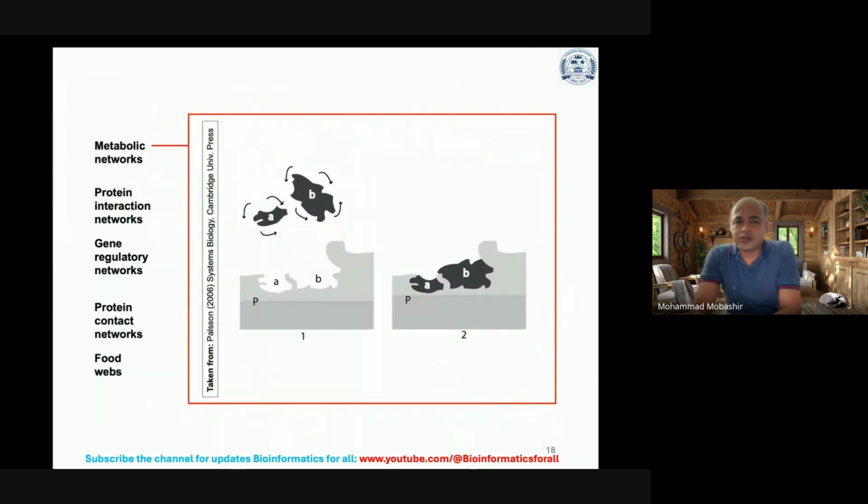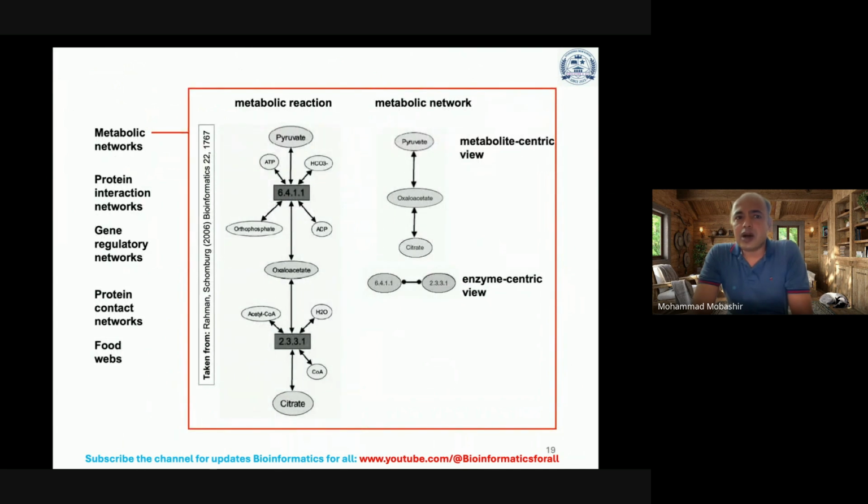Now, metabolic network examples you can understand from Palsson's papers and books. This is the book on metabolic networks, or metabolic systems biology, from Palsson. Here you can see what the metabolic reactions may look like and how the metabolic network will look, presented in parallel.